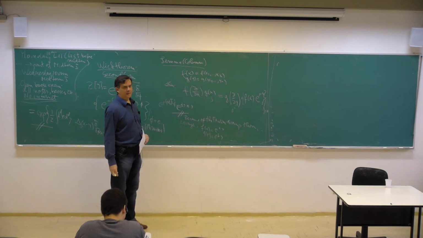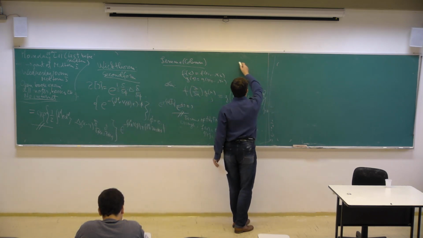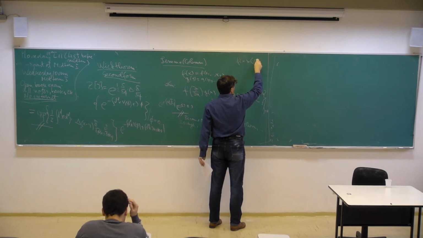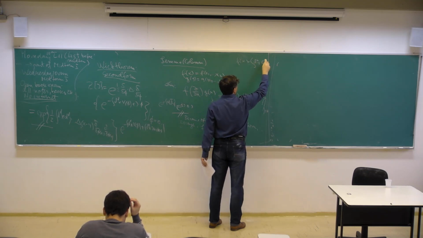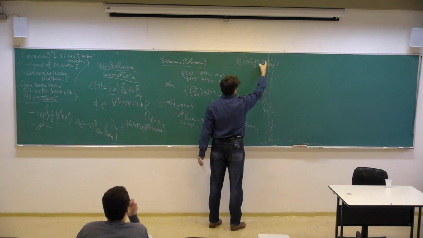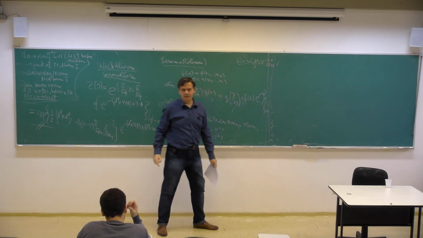Because that's what the Fourier decomposition theorem tells us: if I have a function f of x, I can write it as an integral of e to the i x y times f of y. And so the x dependence is in this term.